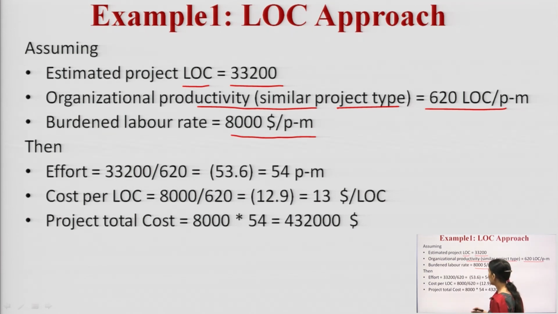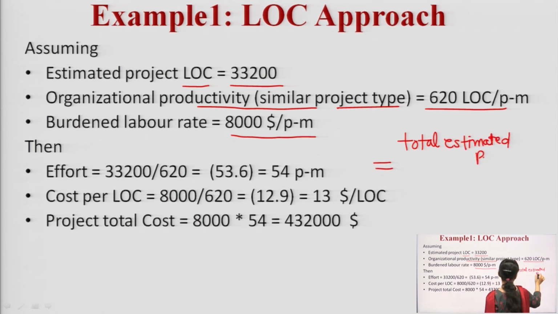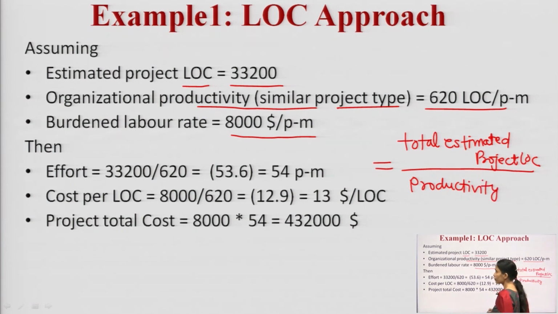So, this is how I am going to calculate effort. Effort will be calculated as total estimated project LOC divided by the organizational productivity. This is the formula for calculating the effort.